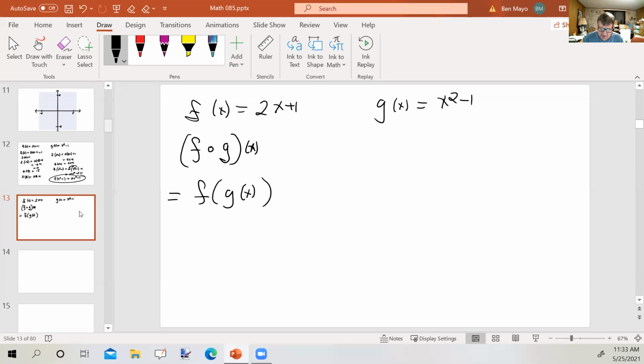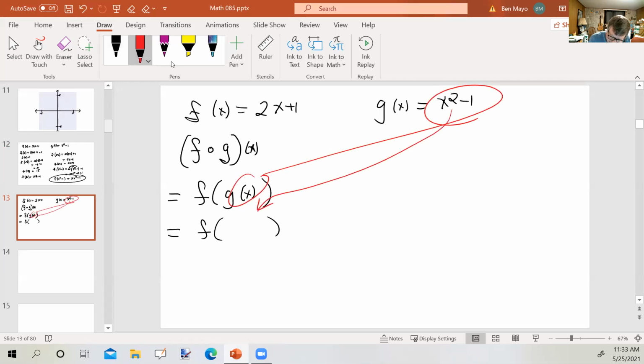So basically, we are evaluating a function at another function, okay? So f composed with g of x is equal to f of g of x. Well, what is that equal to? Well, that's equal to f of, but g of x is this, so we're going to put that in here.